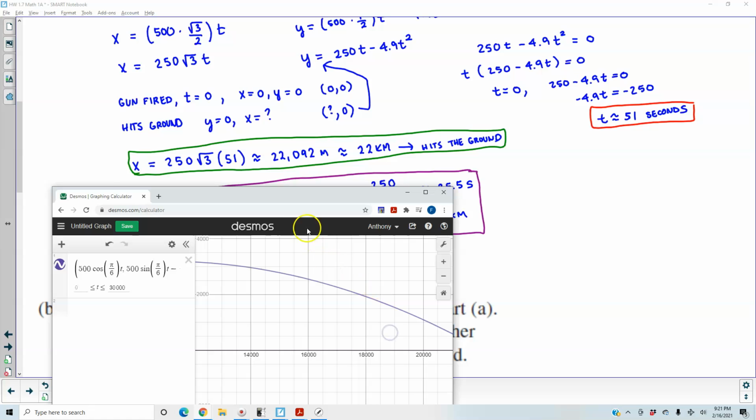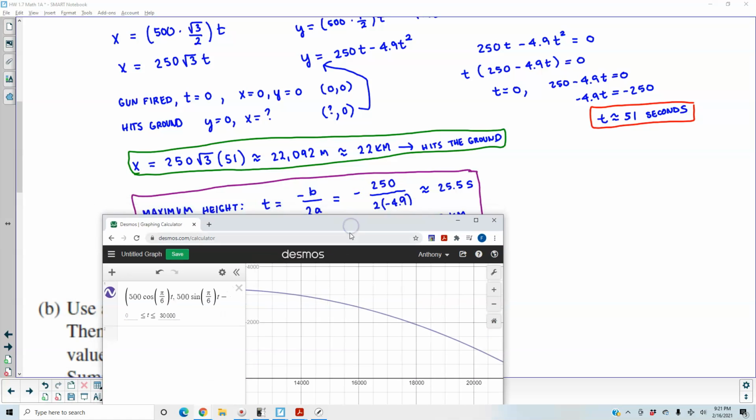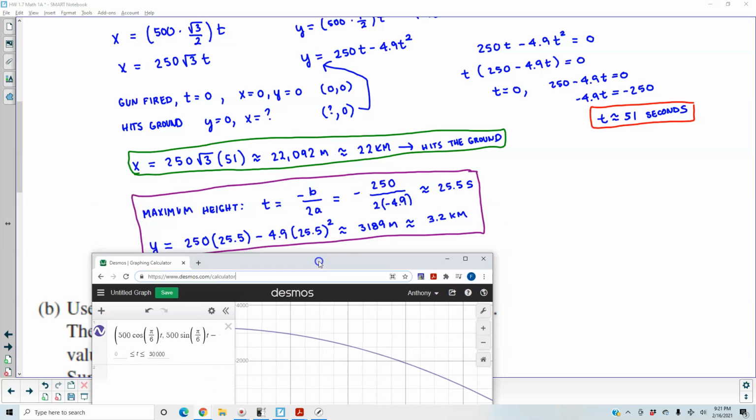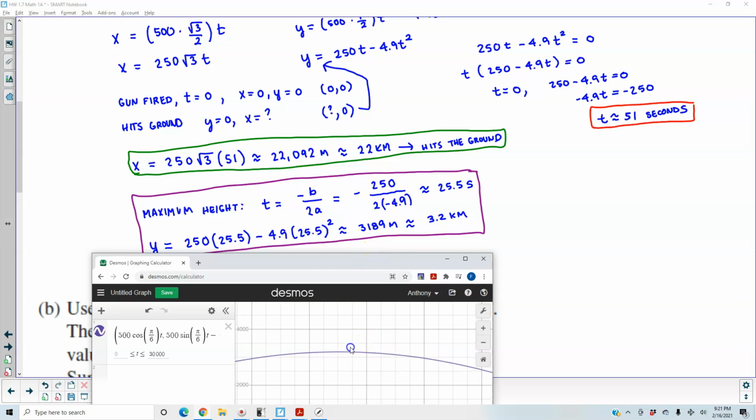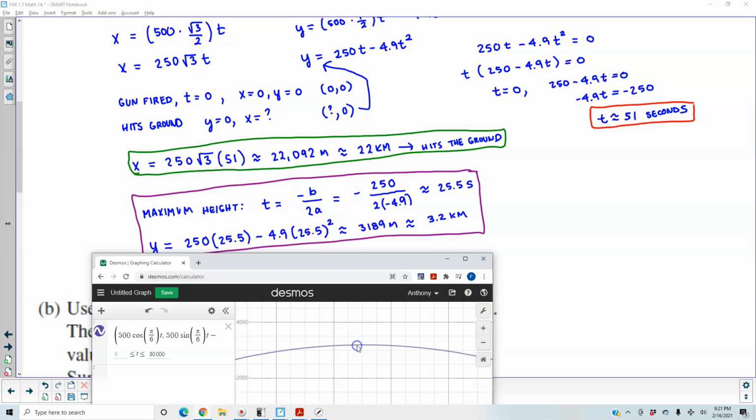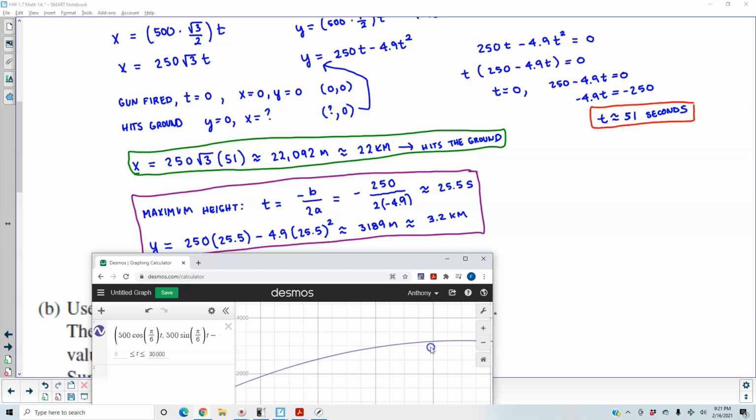Okay, and it took 51 seconds. And then what was the height? Well, the height was 3,189 meters. So if we take a look at the top here for the maximum, it looks like it's in between 2,000 and 4,000. So the maximum is going to be approximately at 3,189.